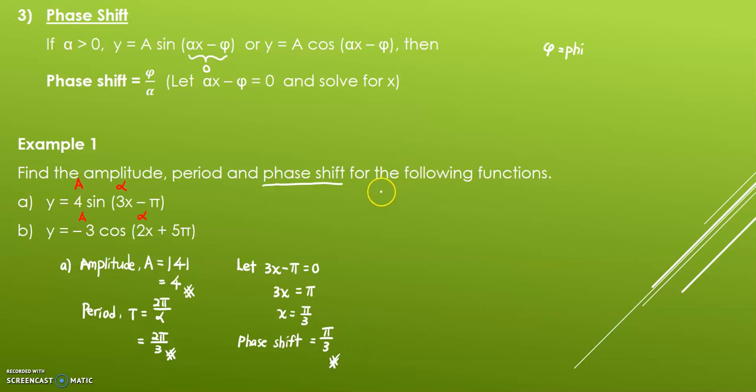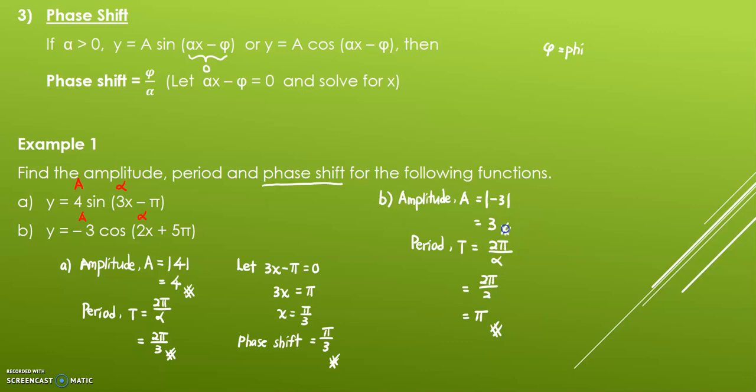Now we move on to question B. Amplitude A is equal to modulus of negative 3, so we need to put the modulus, which equals positive 3. And then period, where the formula is 2 pi over alpha. Our value of alpha is 2, so 2 pi over 2, which equals pi.